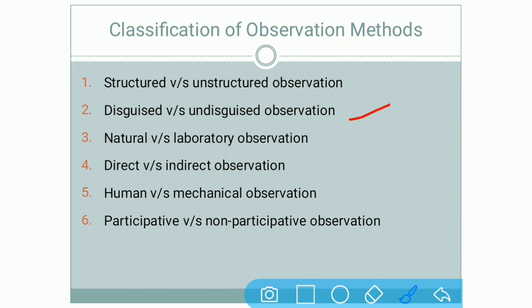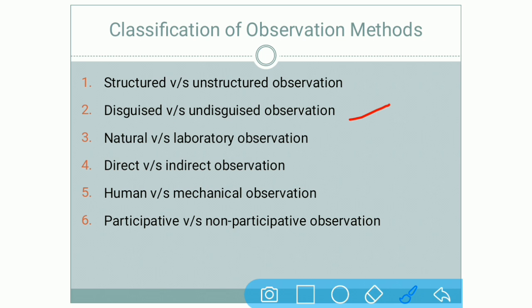This type of observation is often preferred because there is a fear that people may behave differently when they know that they are being observed, and it may be difficult to completely disguise an observation. Disguised observation is where your subject or object does not know that they are being observed. They don't know that you are observing them. That is known as disguised observation.